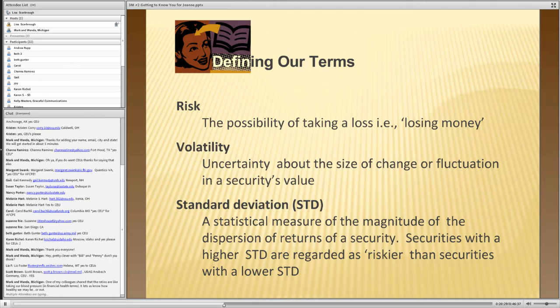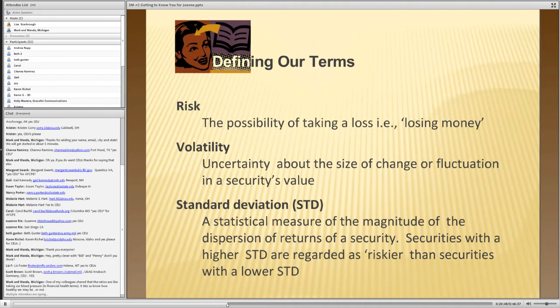Let's look at some definitions for risk. Risk from a Graham and Dodd standpoint is the possibility of taking a loss. That means losing money. In the financial services industry, we often use risk and volatility interchangeably.